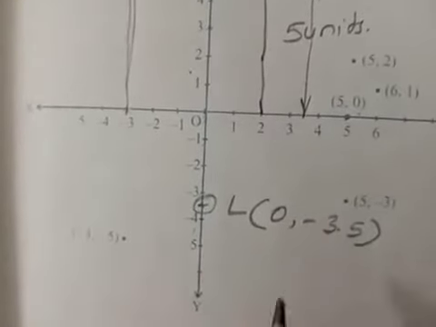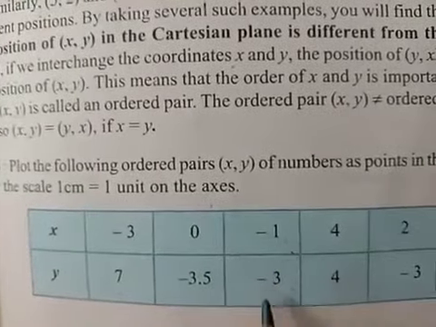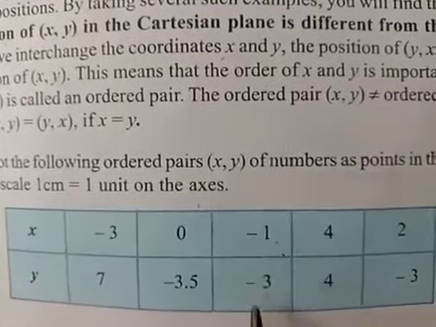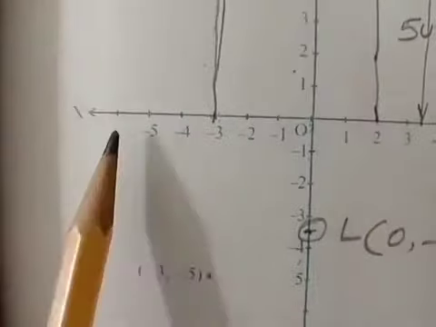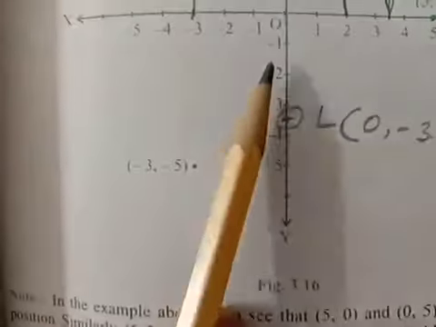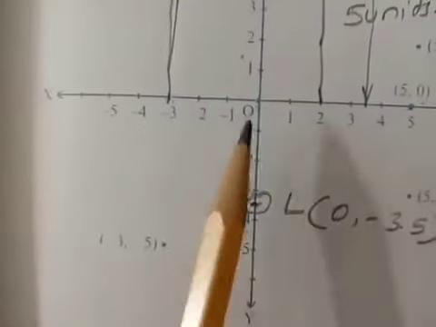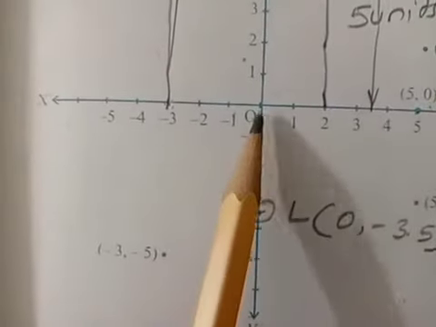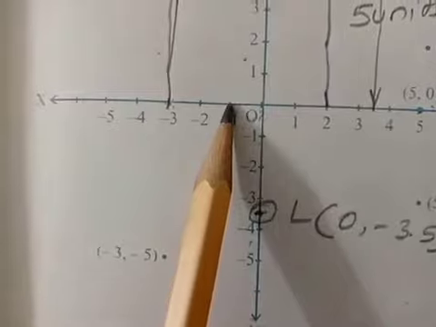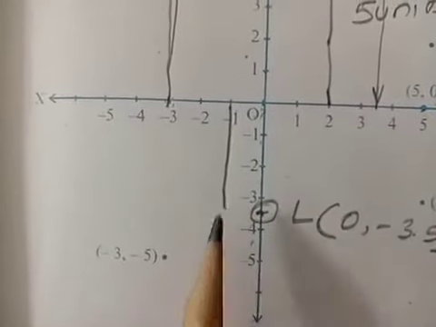Now let's try to plot minus 1, minus 3. Minus 1, minus 3, both are minus, so they are in the third quadrant. X is also minus, y is also minus. So if you measure from the y-axis minus 1, draw a perpendicular line.